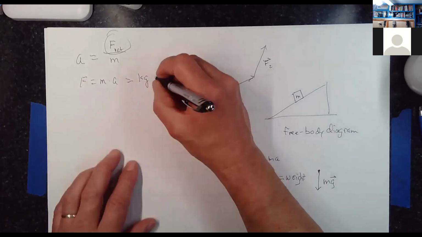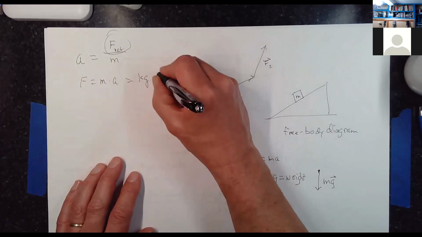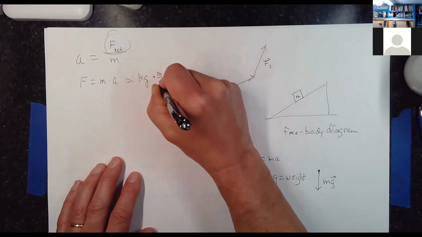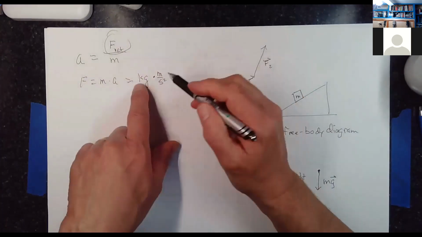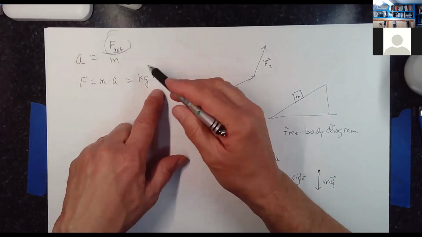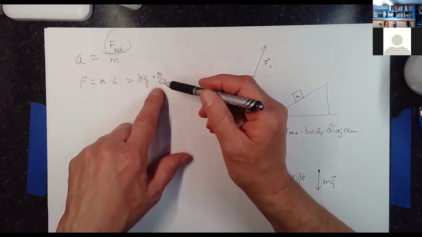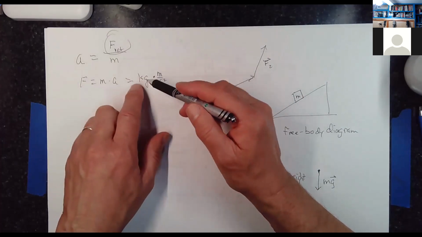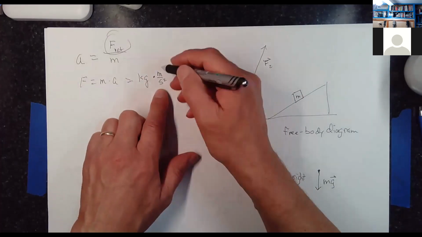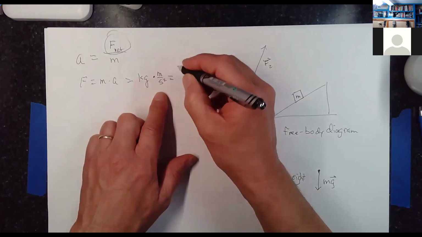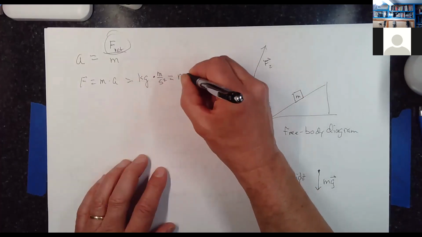And then acceleration, we've always had meters per second squared. And this particular combination of units shows up so many times that it's been given its own name and abbreviation. It'll be kilogram meter per second squared. And that particular combination of units is called a newton.